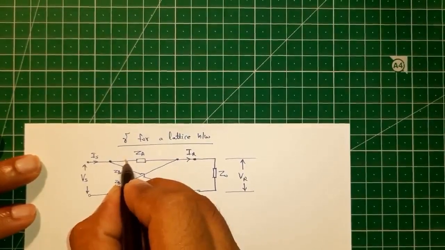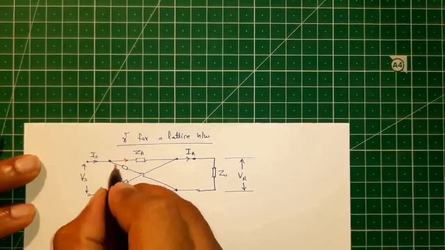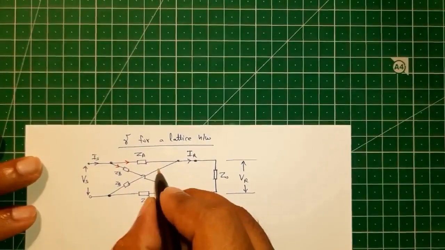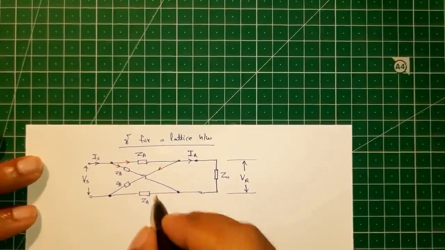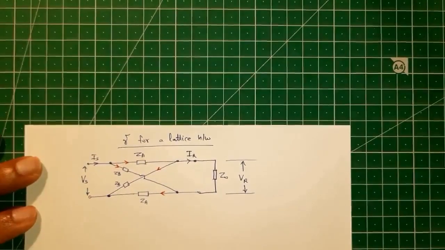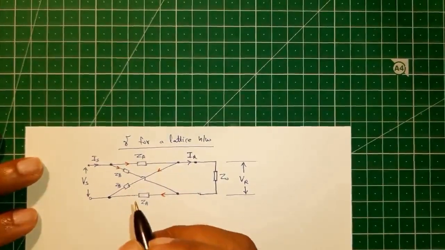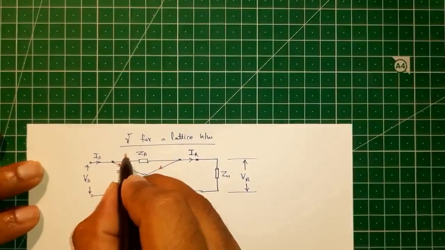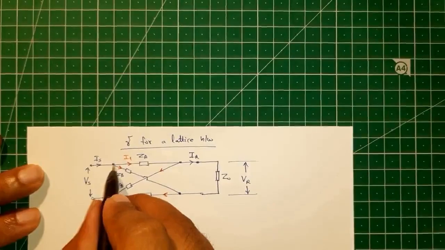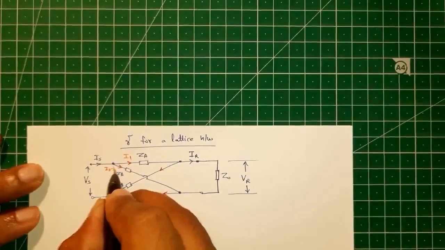Next we can write some currents here for this particular node, and here, and some current here. Let this current be I1. So Is is the incoming current and I1 is leaving here, so this should be equal to Is minus I1.